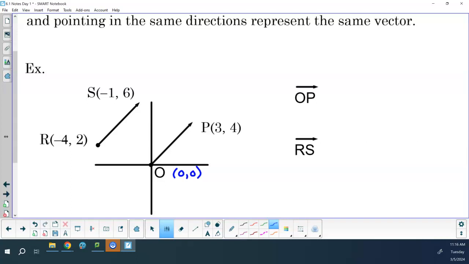The head minus the tail rule would mean that vector OP is at head 3 minus tail 0, head 4 minus tail 0. Oops, I put a comma there.